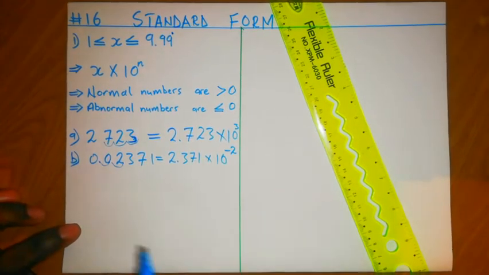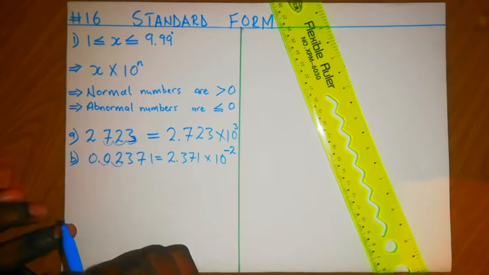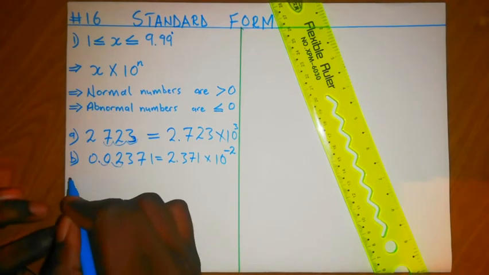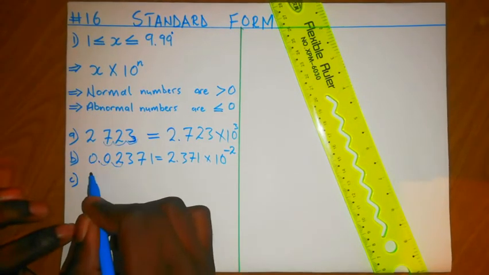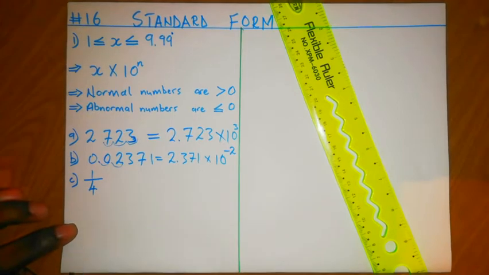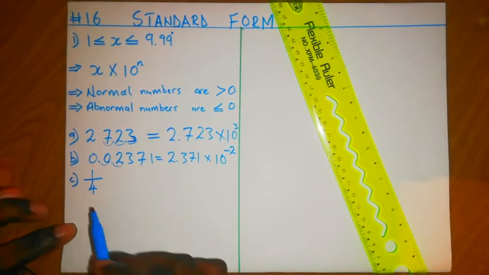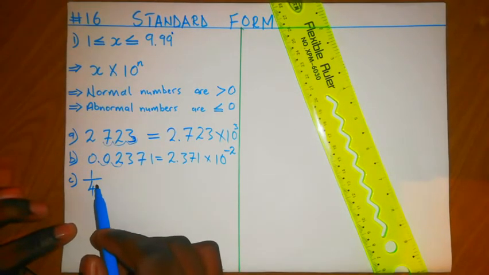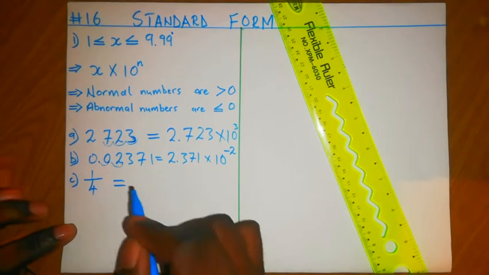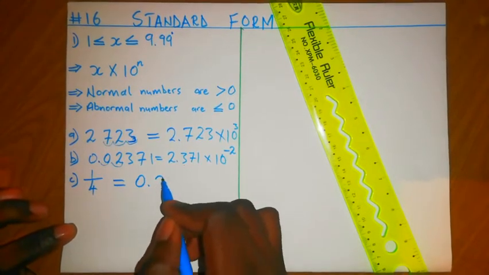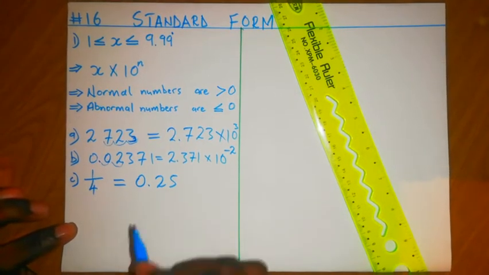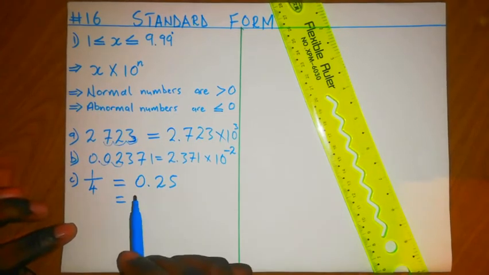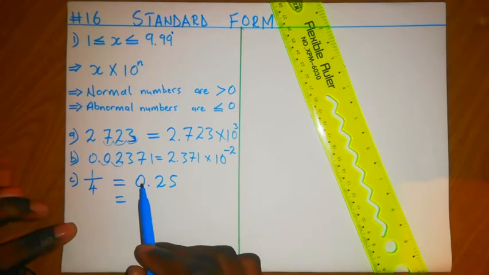Sometimes you may find a question that comes in the form of a fraction requiring you to convert it into standard form. For instance, convert 1/4 into standard form. You have to first convert this fraction into a decimal, so it's equal to 0.25. Is it a normal or abnormal number? It's abnormal.